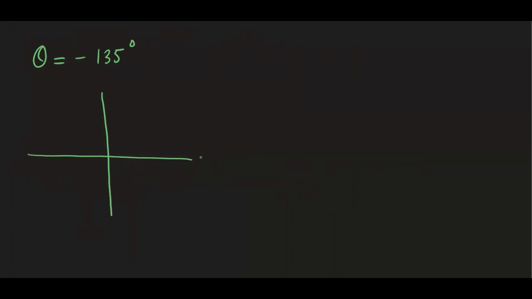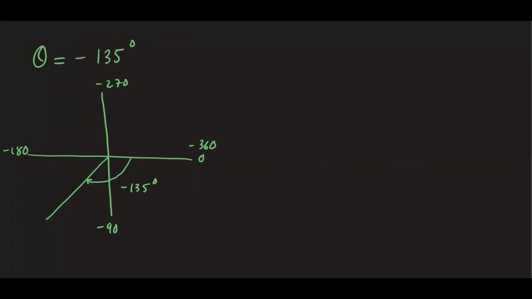And so again, this is 0, this is negative 90, this is negative 180, negative 270, and negative 360. So we're going clockwise now. So negative 135 is somewhere between negative 90 and negative 180. So this would be the negative angle. This is negative 135 degrees.